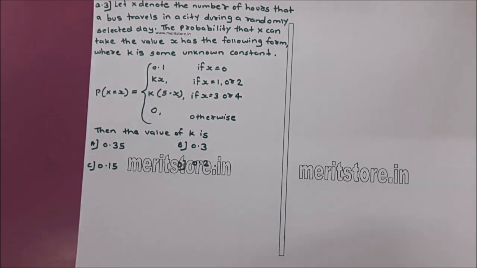For x equal to 0, it is 0.1. For x equal to 1 or 2, it is k into x. For x equal to 3 or 4, it is k into (5 minus x). It is 0 otherwise. Then the value of k is, we have four options: A 0.35, B 0.3, C 0.15 and D 0.2.